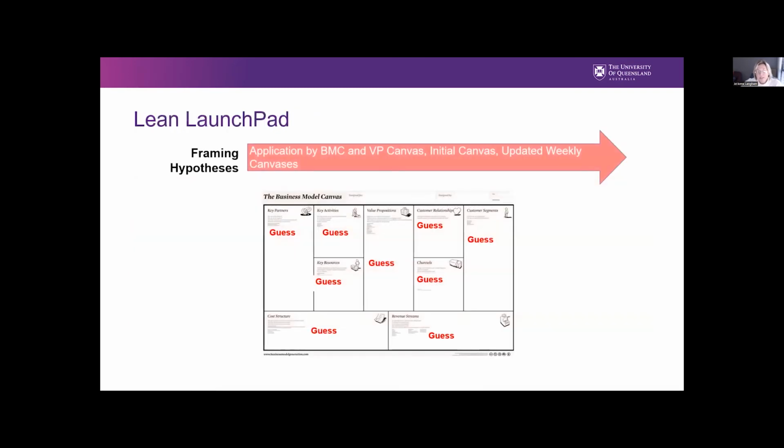So using the business model canvas, for most of these elements, you're guessing. You're guessing at the different segments around key partners and activities, what your value proposition is, but you're documenting those guesses as hypotheses, or assumptions for each area.